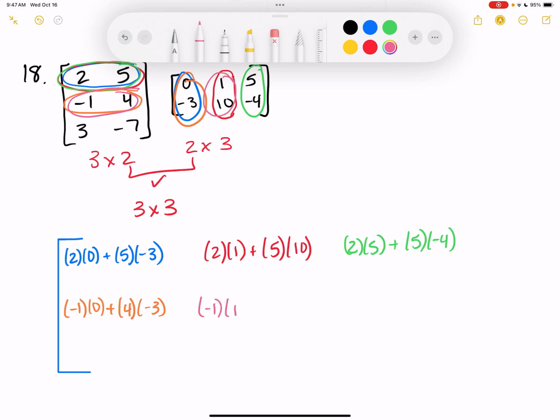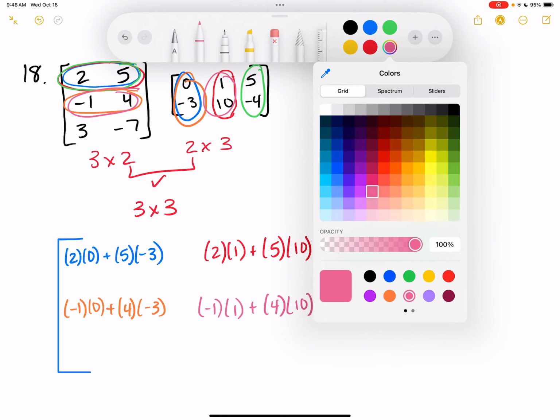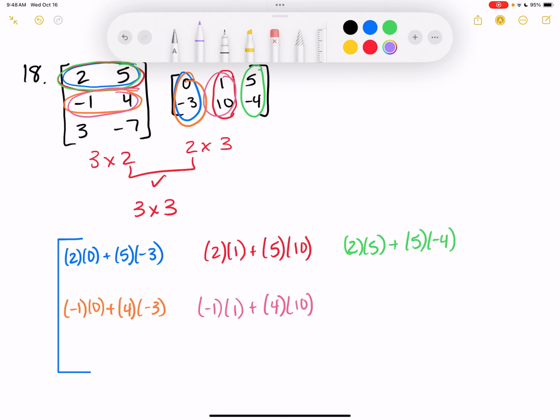Negative 1 times 1 plus 4 times 10. Second row, third column. Negative 1 times 5 plus 4 times negative 4.